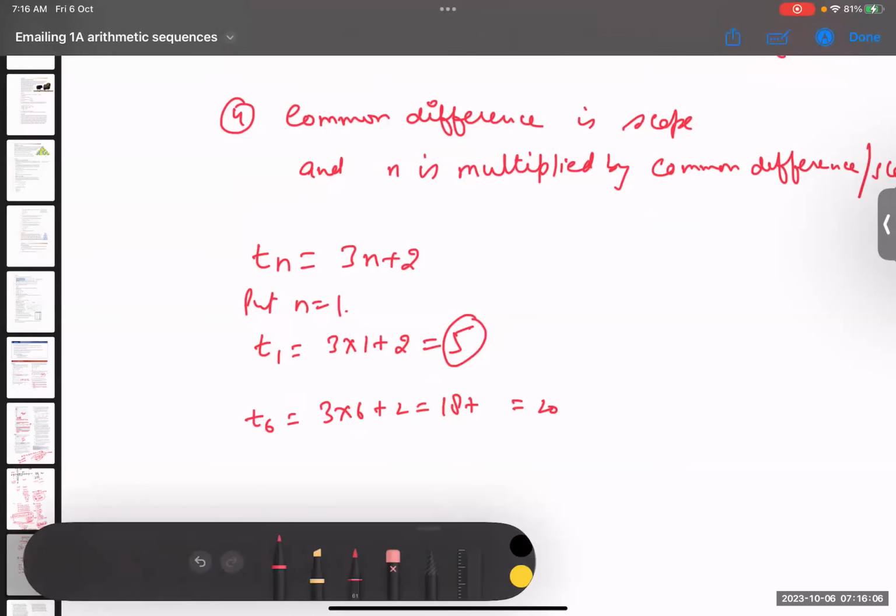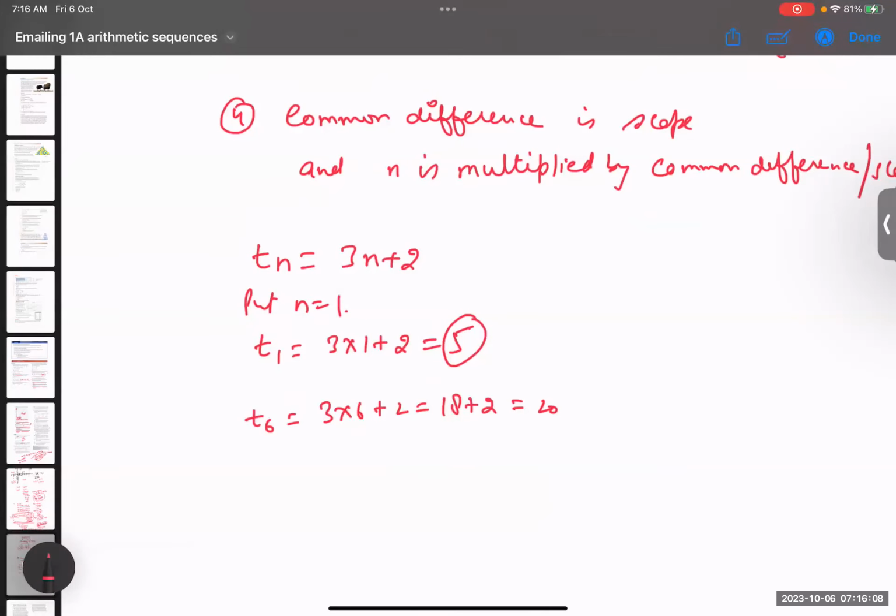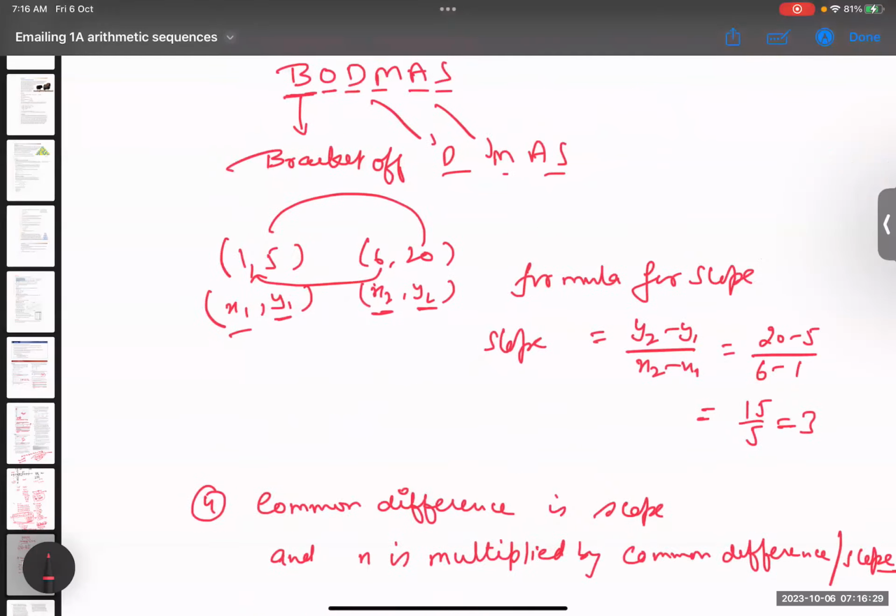Wait, so you're saying that the y-intercept is connected to the answer in part B. Yes. What was the answer in part B? The answer for part B was 3n plus 2.